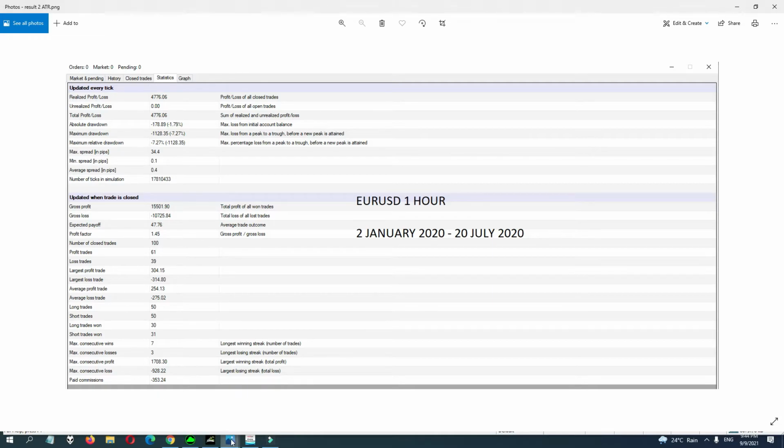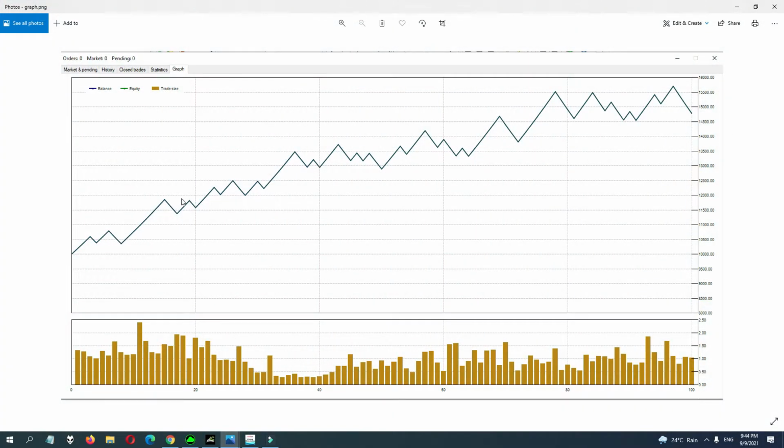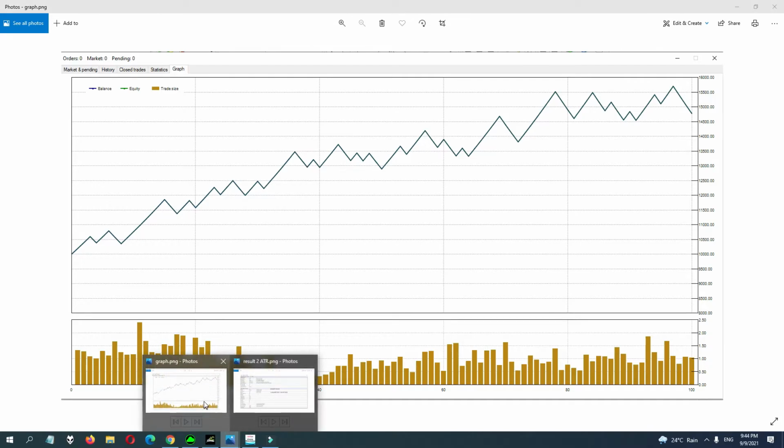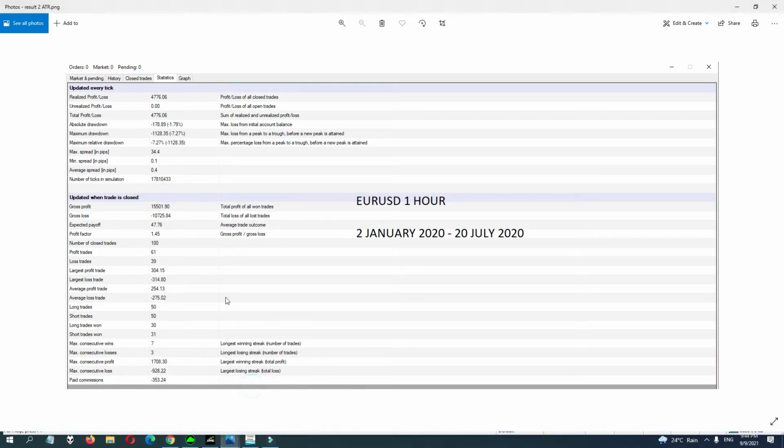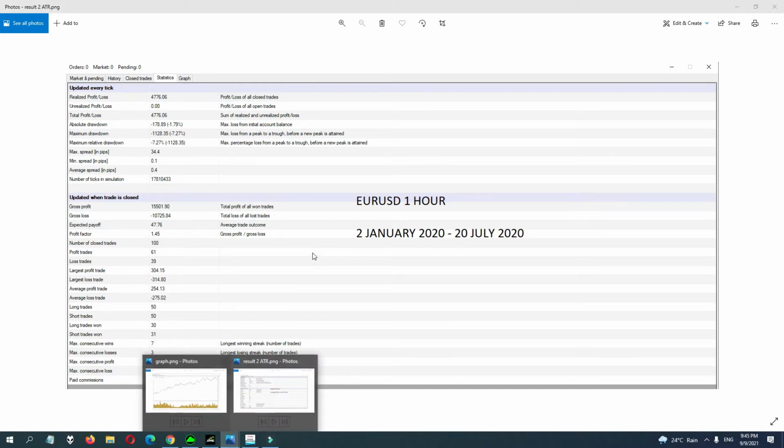So this is the graph. When I tested this strategy, the market was trending. The strategy is very good in a trending market, and in a ranging market it might not perform as well, so you have to be careful with that.